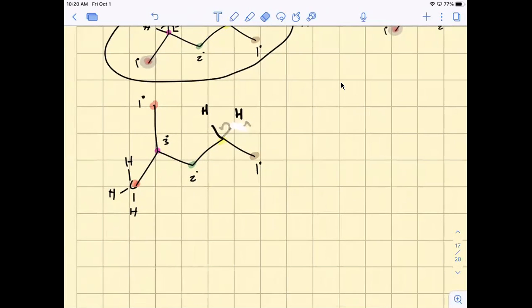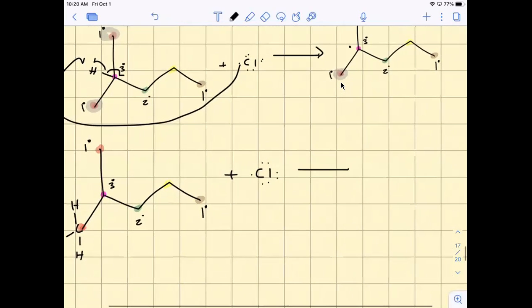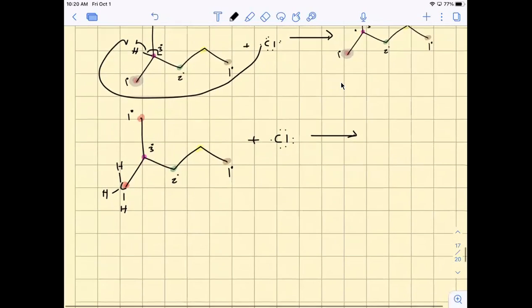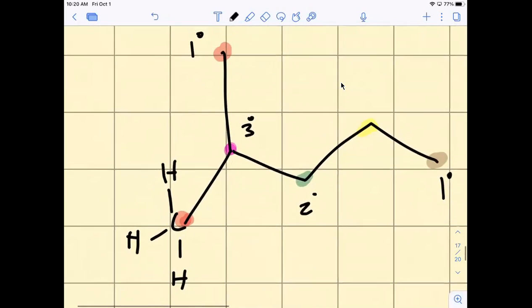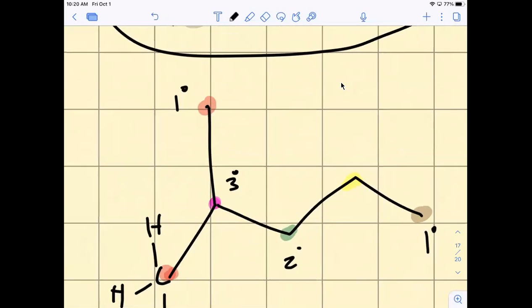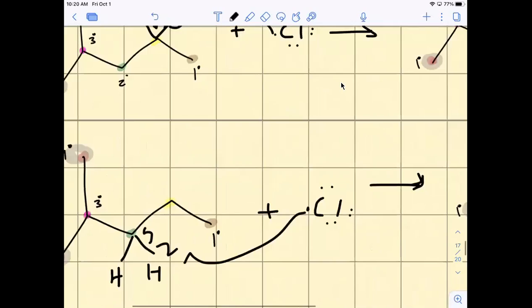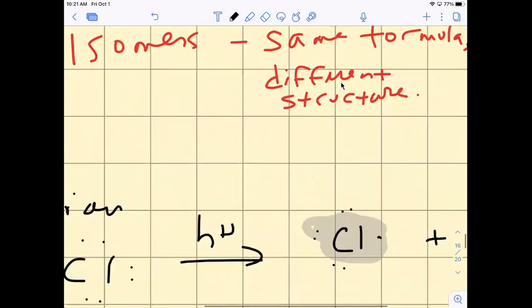Same exact thing is going to happen, just at a different location. I have a question. Go ahead. Could you do the primary carbon at the top? Yeah, I said that earlier. You can do either one, but you're going to get the same product. So we just pick one.